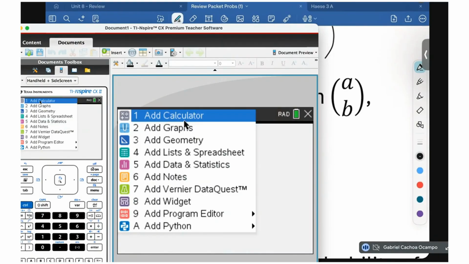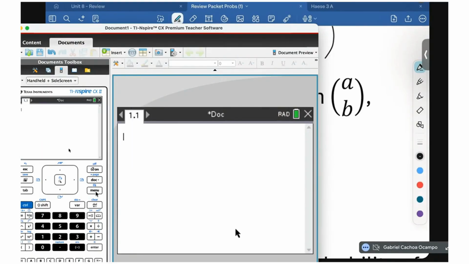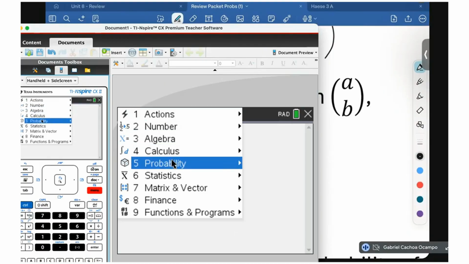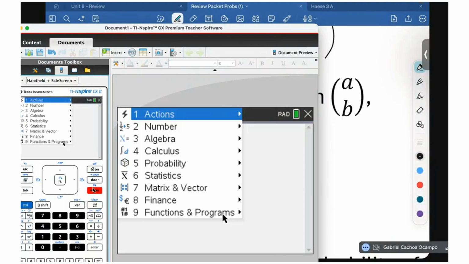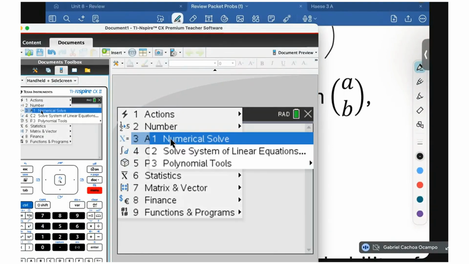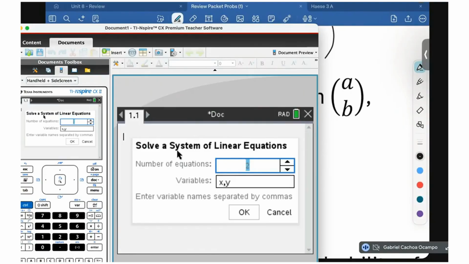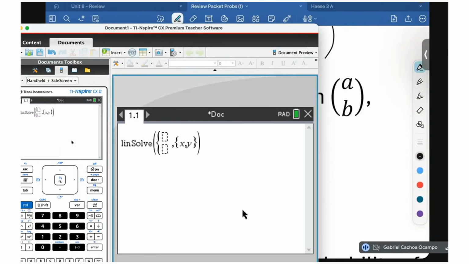I'm going to add a calculator. In this calculator, I'm going to add an algebra menu, solve system of linear equations. I have two equations with two variables called x and y.